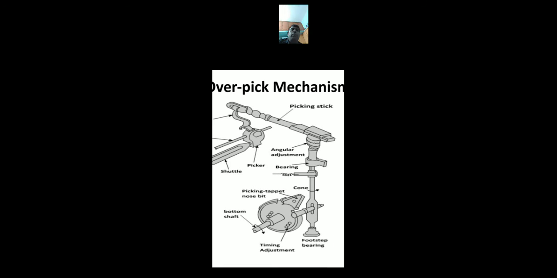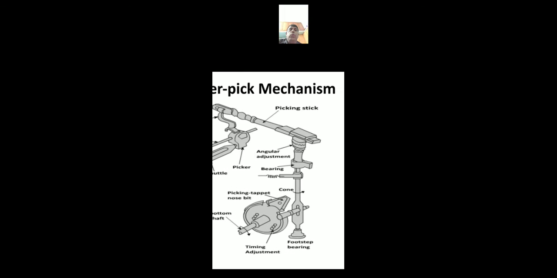Please observe that the tip of the shuttle is connected to the picker, the picker is connected to the picking strap, and the picking strap is belted to the picking stick.